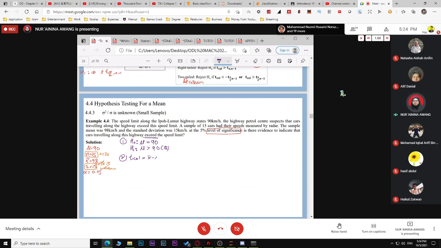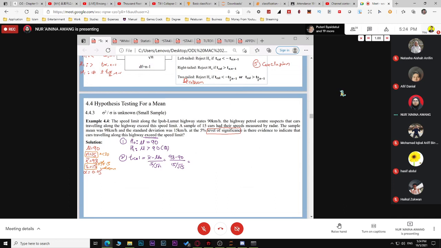Okay, using the formula. Okay, so just substitute the value. So berapa dia akan dapat the value nanti? I got 2.0656.